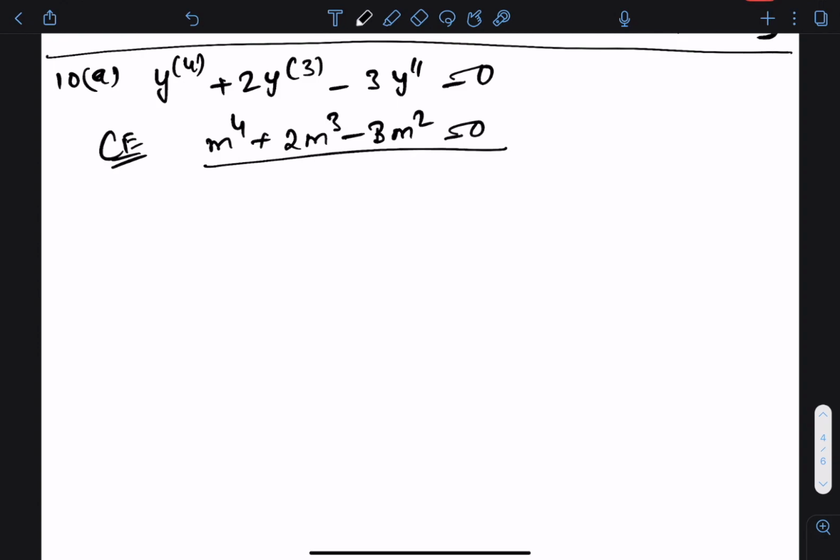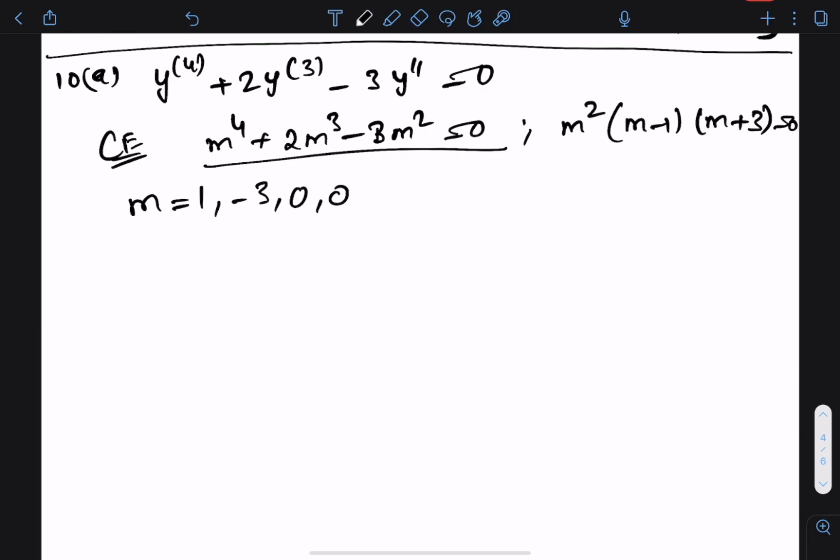Now this is a fourth order equation, and you can factorize it because there is an m square which you can bring out. What is left is a quadratic equation, which can be factorized as m minus 1 and m plus 3 equal to 0. So you have the roots 1, minus 3 and 0, and 0 is a repeated root, a double root.